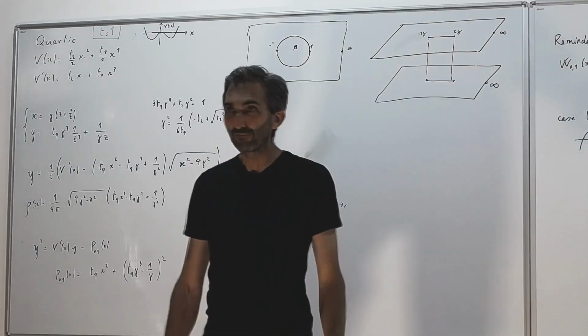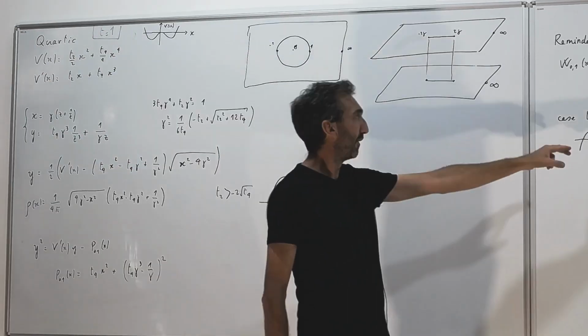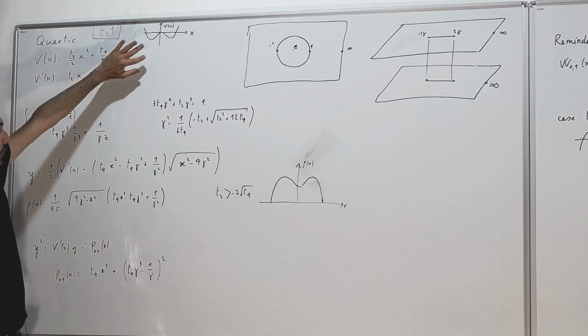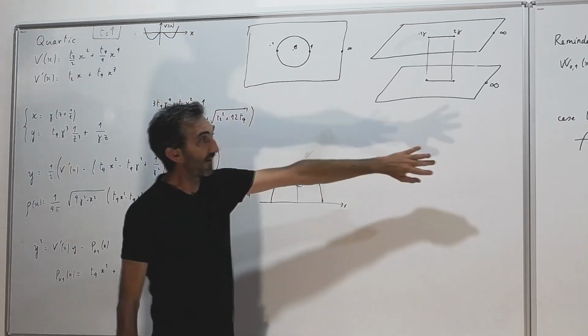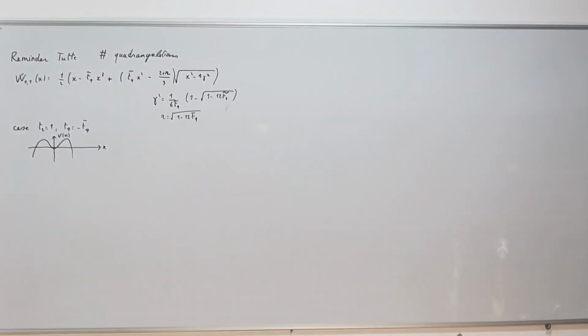In fact, the counting of quadrangulations corresponds to a random matrix problem, but with t4 negative. And t tilde 4 is minus t4, and t2 equals 1. So which means a potential which is upside down. So it's not bounded from below on the real axis.